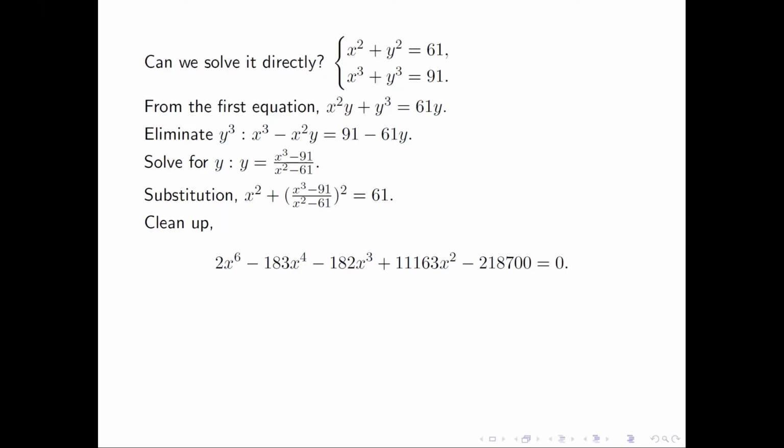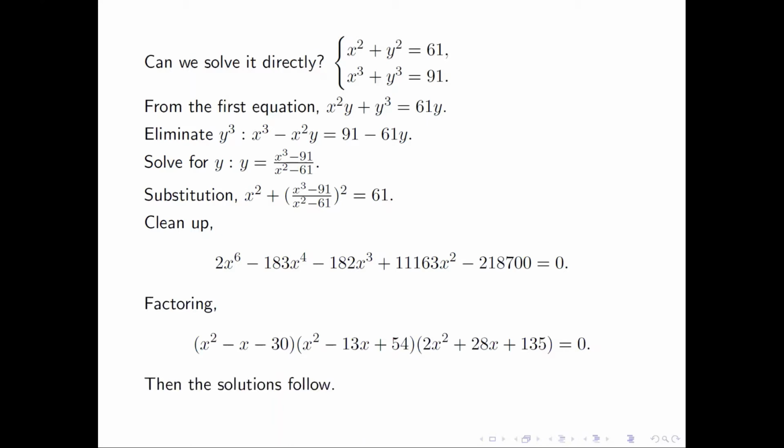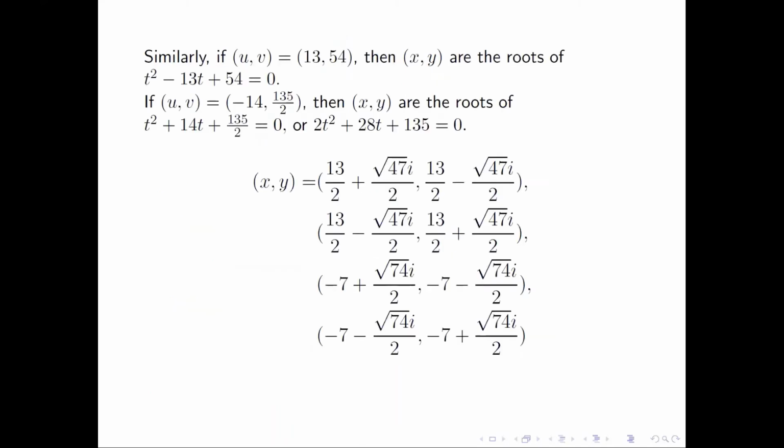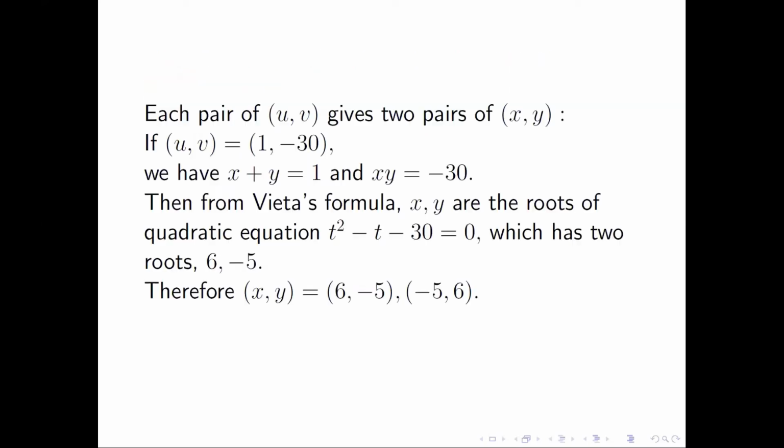However, I do know the factoring of the polynomial. It is something like this. And then the solution follows. The question, how do I know the factors? Well, from the previous approach, we got 3 quadratic polynomials in t. Let's go back. t squared minus t minus 30.